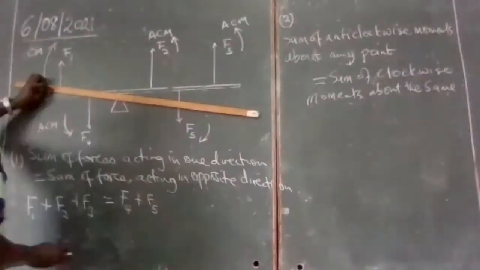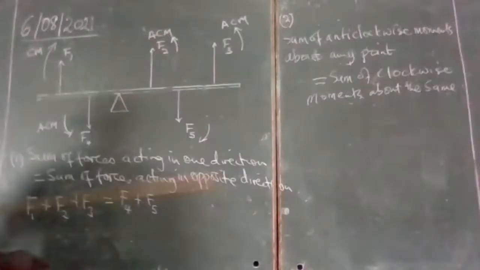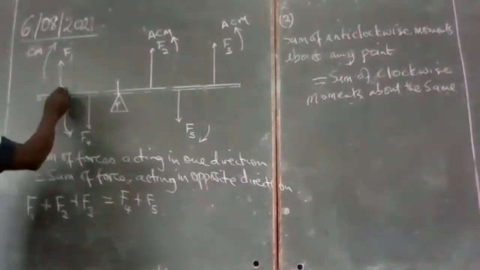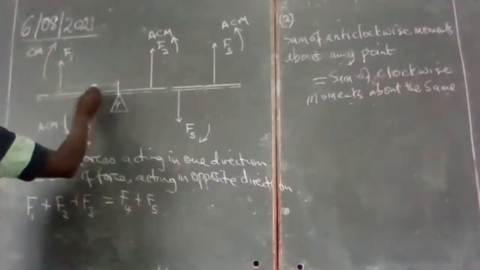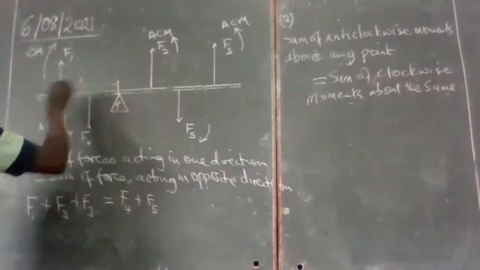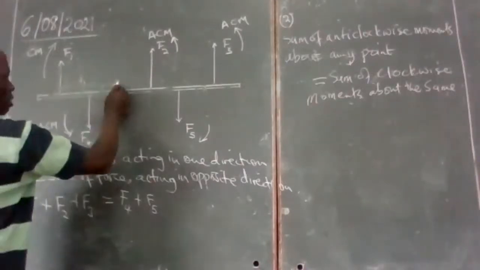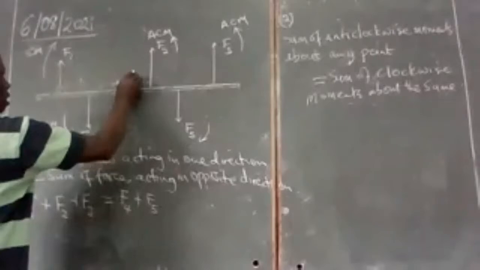Now, because I'm talking about moments, all distances are measured from the pivot P. So for F1, let us take that distance to be D1. For F2, measure that distance as D2.